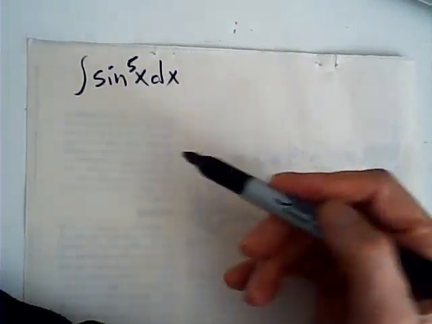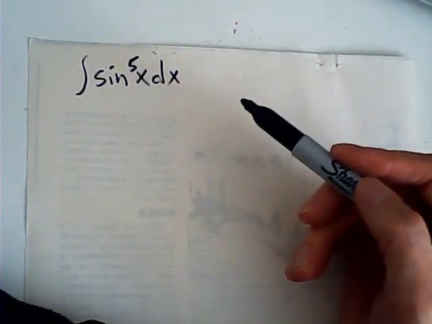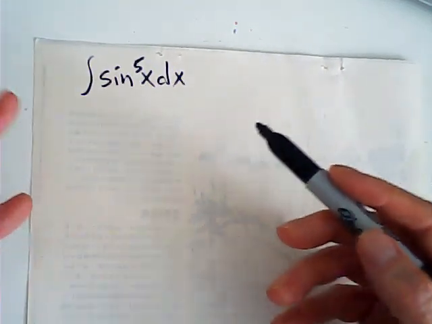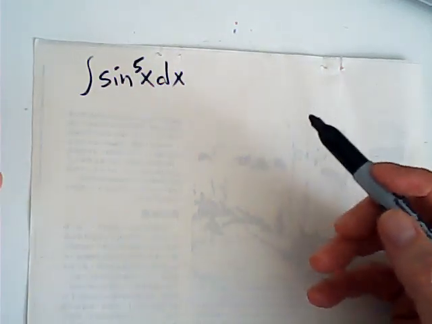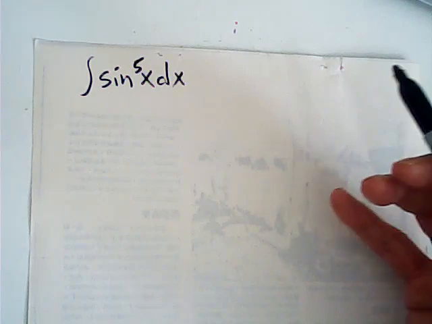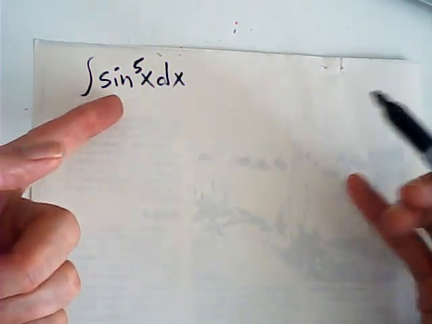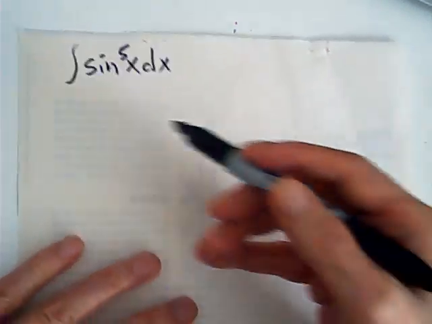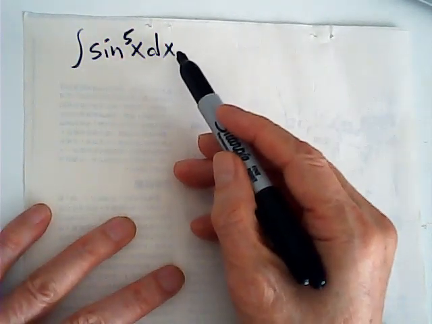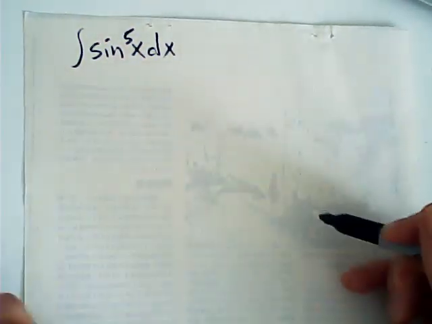You are dealing with two functions, the sine function and the fifth power function. You solve these two problems one at a time. Either reduce the power or change the structure. Change the structure means I change it from x into sine x or cosine x.